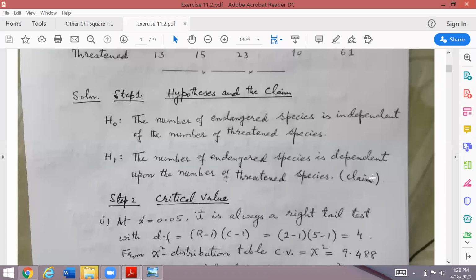The statement is already written here. So what sentence will be written in summary? That there is sufficient evidence to support the claim that the number of endangered species is dependent upon the number of threatened species. So they are related.